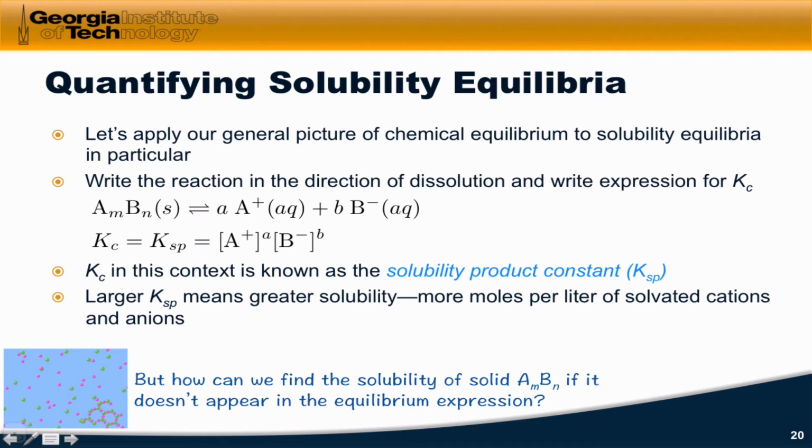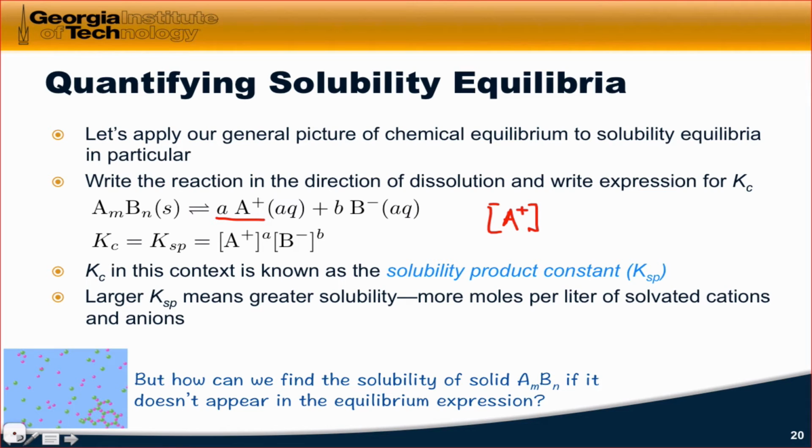The answer is we can just use stoichiometry, right? If we know, for example, by solving an equilibrium problem that the equilibrium concentration of A plus is [A+]eq, since all of those A plus cations must have come from dissolution of AmBn, in fact, let's change this up a little bit and write this as AaBb to make this a little more clear.